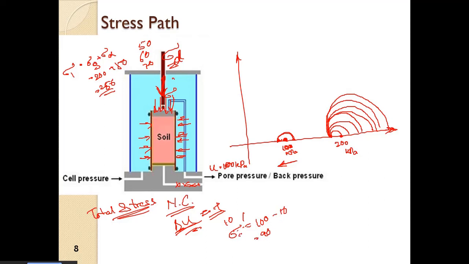So sigma 3 dash has moved to 90 kPa. Then again suppose delta U is equal to 5 kPa. So now sigma 3 dash will be initially 90, so 90 minus 5 will be 95. So this point will also move in this direction, and the Mohr circle will build up in this manner.